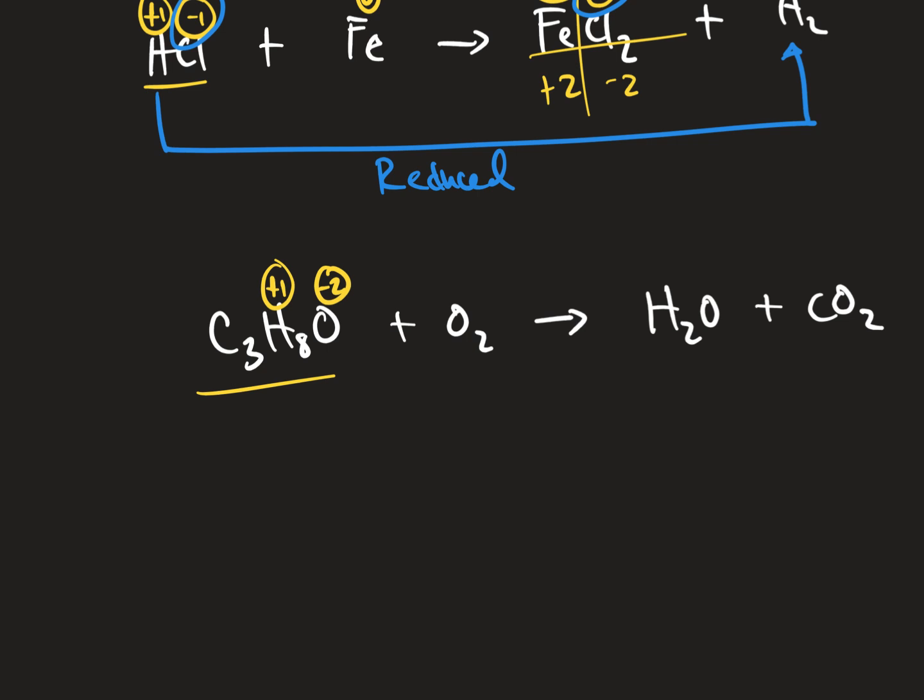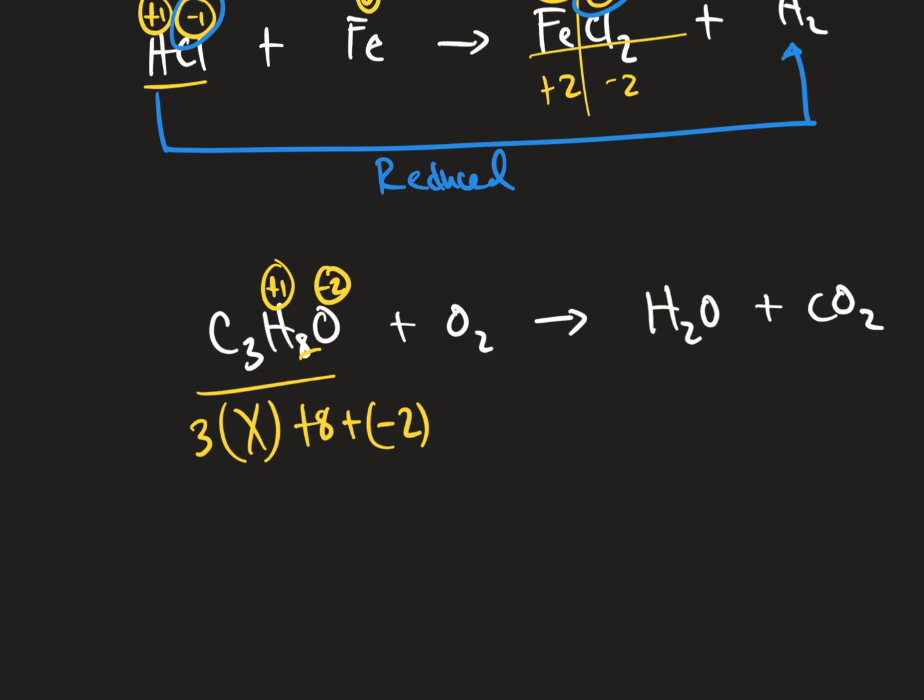All right, so now let's figure out carbon. We have +1 times 8, that's +8, plus -2 times 1, that's -2, plus whatever it is for carbon, but we have to multiply that by 3.